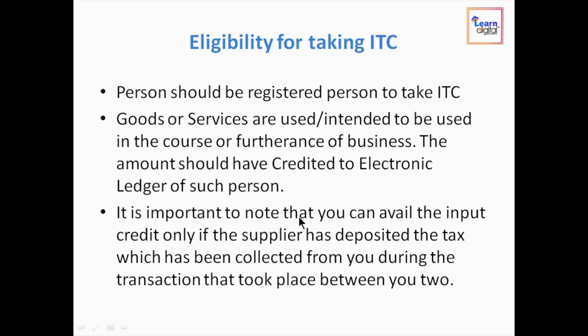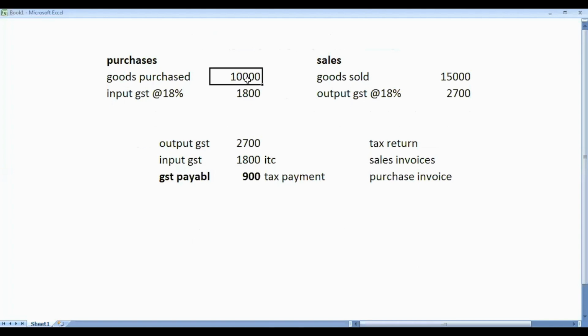It is important to note that you can avail the input credit only if the supplier has deposited the tax which has been collected from you during the transaction that took place between you two. It means, suppose we have purchased the goods. This is our purchase, and we paid 1800 as tax.